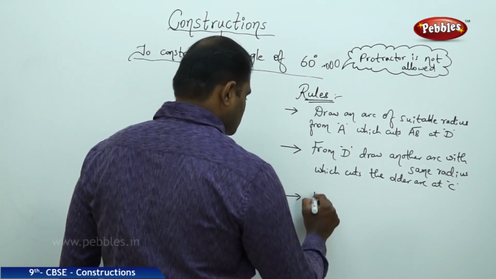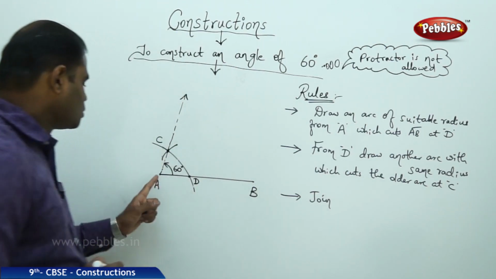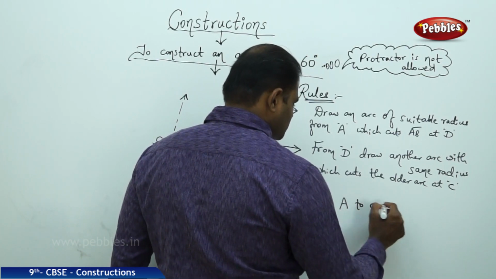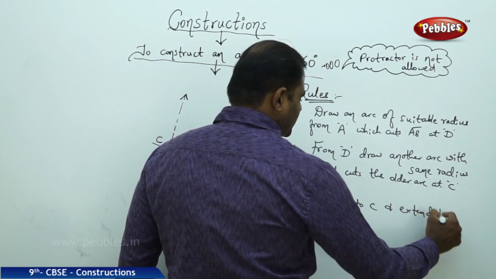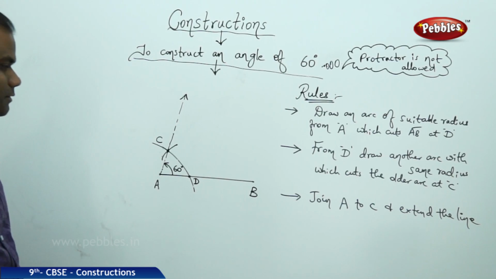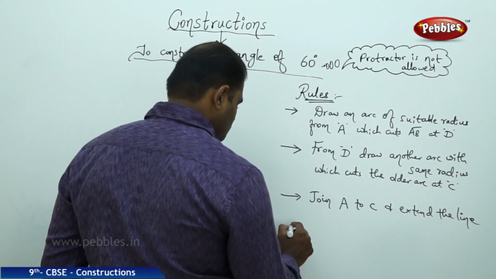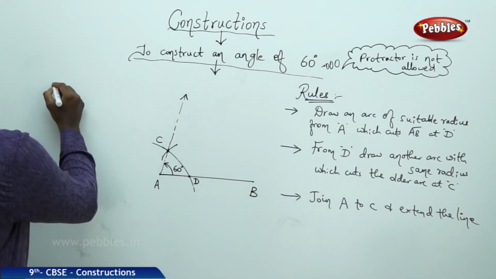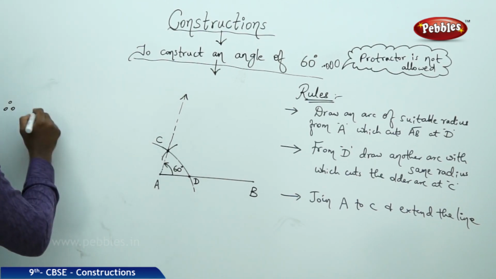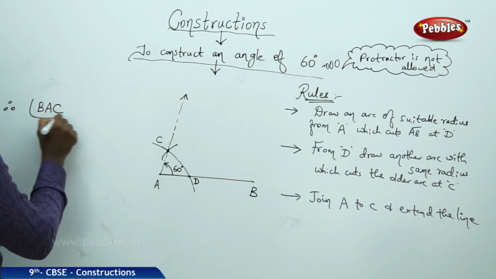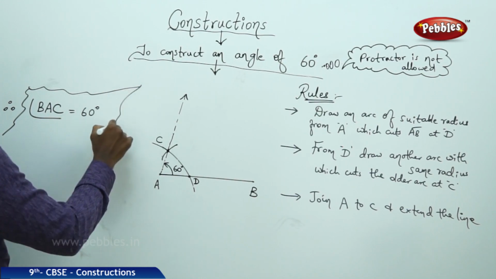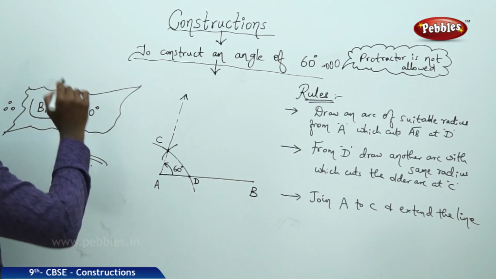Now here we have two points A and C which are joined and extended. Join A to C and extend the line. So we get here a line which is this. Therefore, angle BAC is 60 degrees.